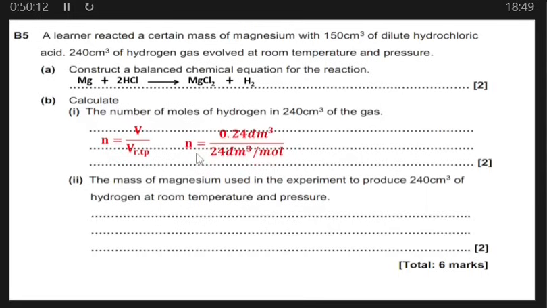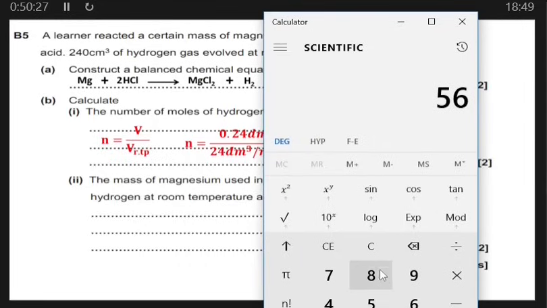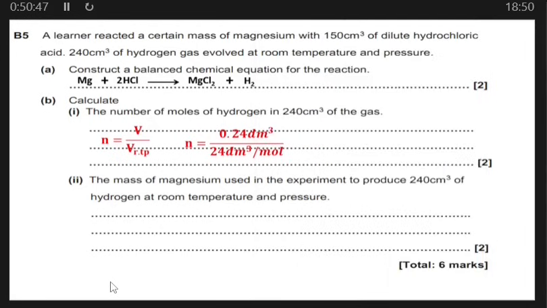number of moles is equal to this volume converted into cubic decimeter by dividing by 1000. If you get, for example, this one 240, you want to change it into cubic decimeter, so you divide by 1000, so you get 0.24, which will be the physical volume here.